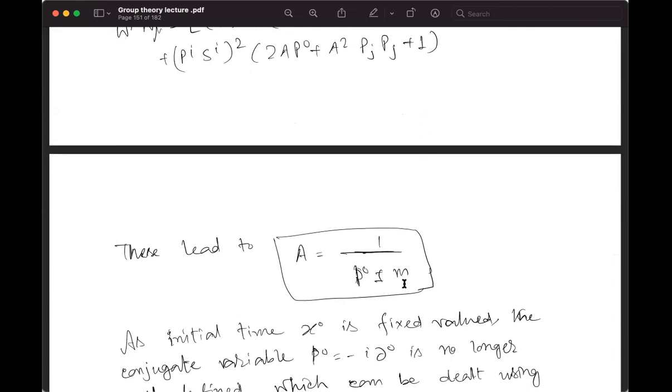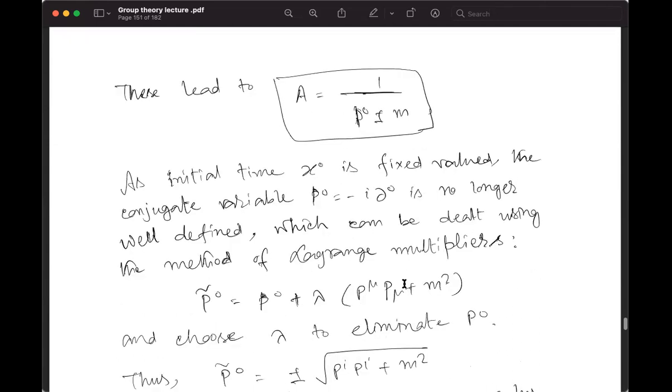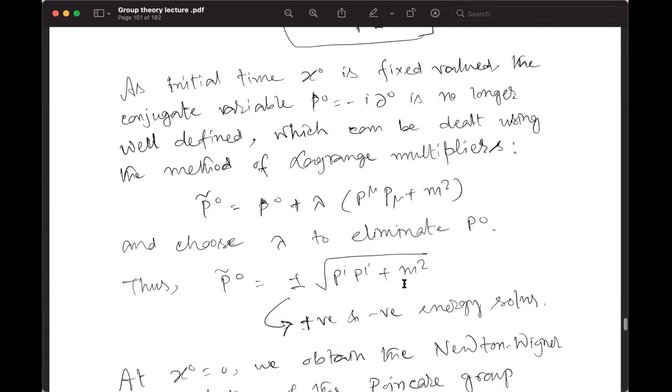So as the initial time x⁰ is a fixed value, the conjugate variable P⁰ equal to −i∂₀ is no longer well defined, because x⁰ is a fixed quantity. This can be dealt with using the method of Lagrange multipliers. So what we do is define a P̃⁰, which is basically P⁰ plus λ(P^ν P_ν + m²), and now choose λ to eliminate this P⁰.